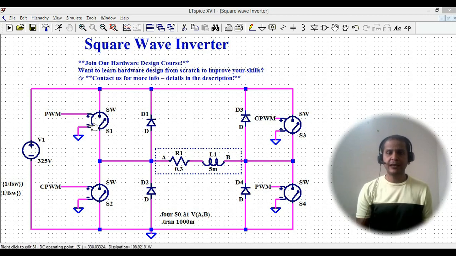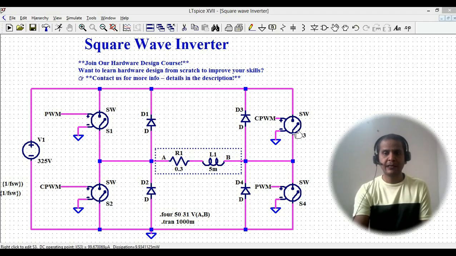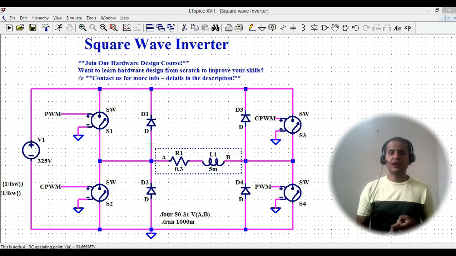You can use either IGBT or MOSFET as well, but at the moment I'm using the generic switch, that is a switch SW. So S1 and S2 here, and on the right side, S3 and S4, and we have the 4 generic switches, and I want to operate these switches in the saturation region.